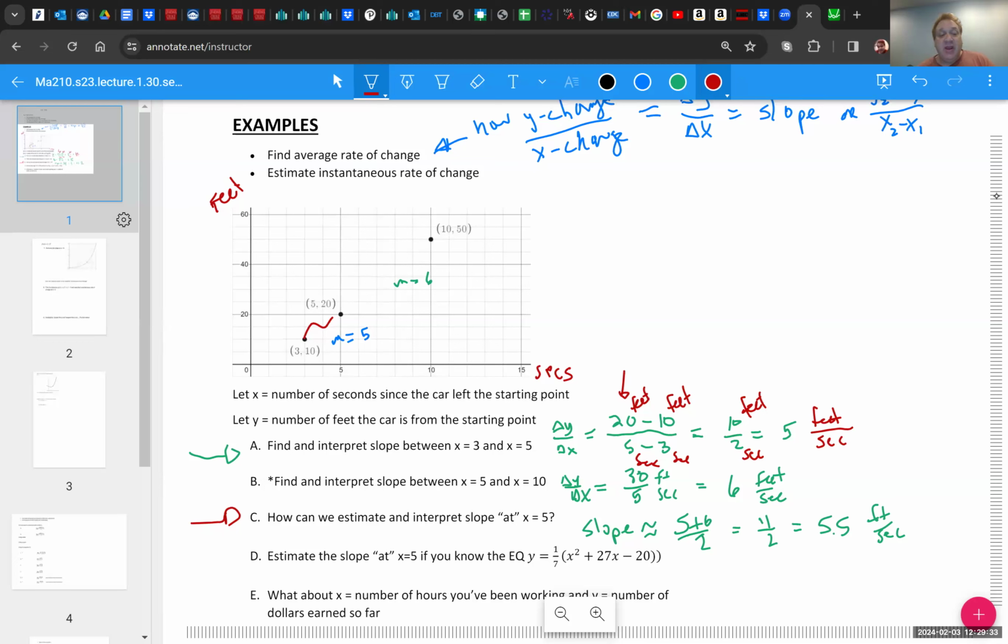The instantaneous rate of change is, at that moment in time, what is the change in y? That's essentially what happens when you look at the speedometer in your car. If you look at the speedometer and it says 60 miles per hour, that's at that instant you were looking at the speedometer. It doesn't say, well, wait 1 second and then I'll tell you the actual speed. It's showing you in real time what that speed is.